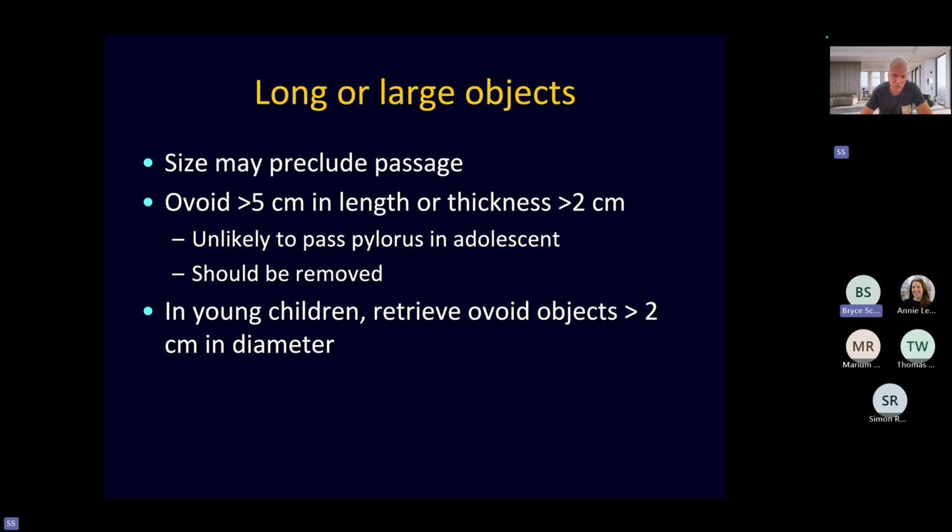Ovoid objects greater than 5 centimeters in length or greater than 2 centimeters in thickness are unlikely to pass the pylorus in adolescents, and should be removed. In young children, you want to retrieve ovoid objects greater than 2 centimeters in diameter, certainly.